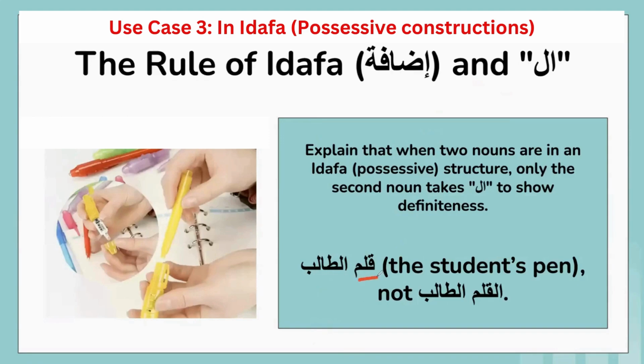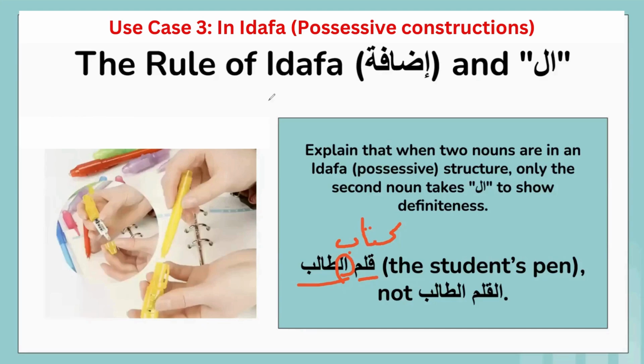So, instead of qalam, we add kitab here, and it becomes kitab at-talib. So, when al is in the second word and not in the first word, it takes the meaning of 'of the student'. This pen is of that student. So this is called the rule of idafa.